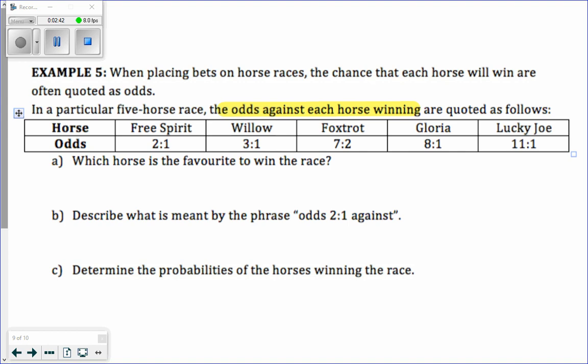When placing bets on horse races, the chances that each horse will win are often quoted as odds. In a particular 5-horse race, the odds against each horse winning. So make sure you read, odds against. What that means is the first number you see is the unfavorable, the second number you see is the favorable.